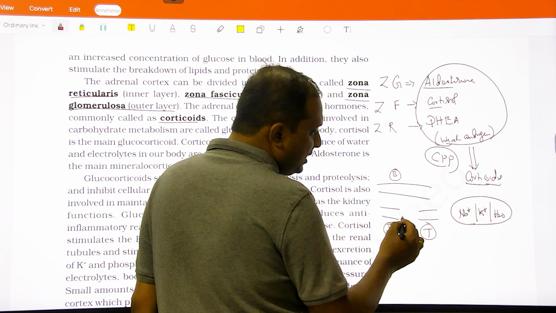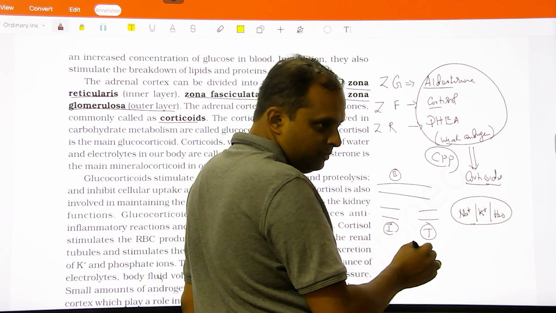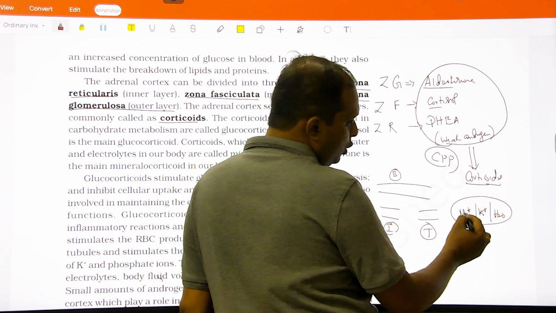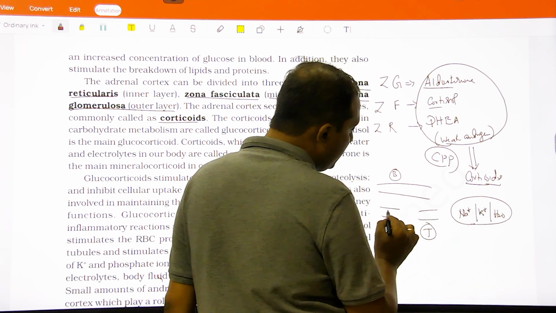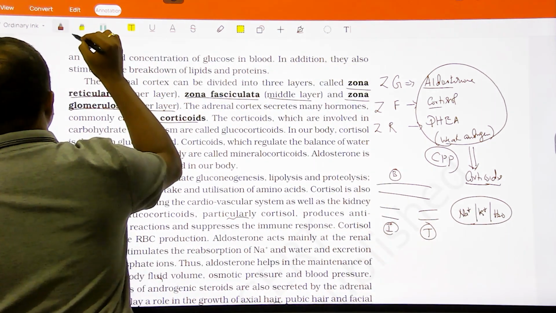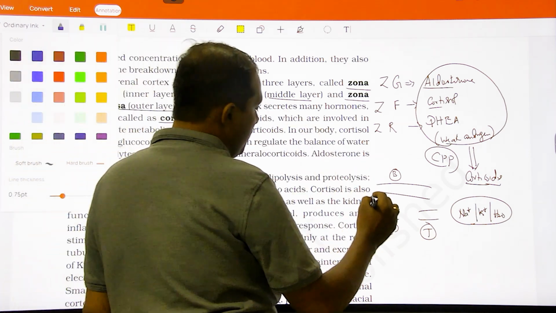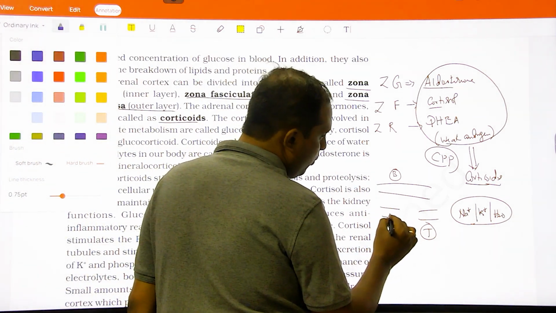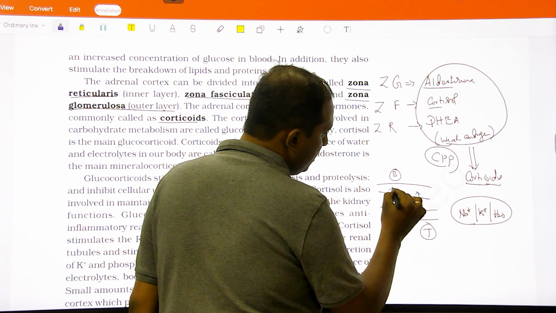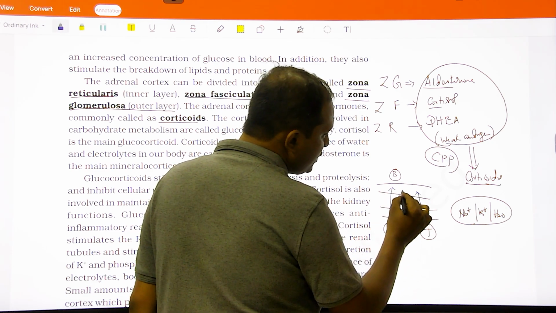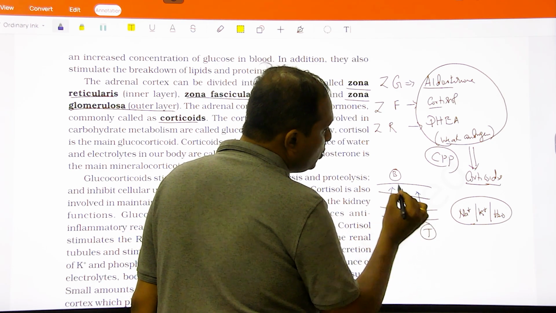What happens under the influence of aldosterone? Under the influence of aldosterone, sodium and water will get reabsorbed. Clear? Potassium will be sent out, extruded.